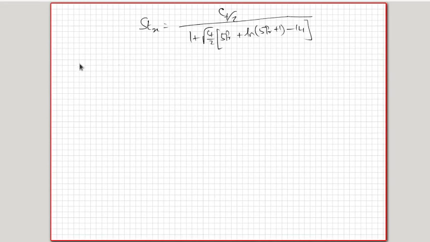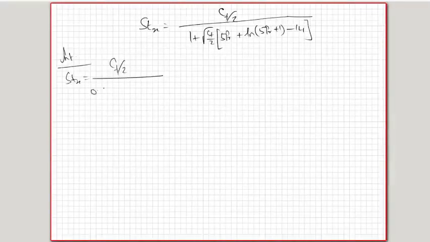Okay, again you can compare it with the earlier expression. Integral method, you got Stx is equal to Cf by 2 divided by 0.9 plus square root of Cf by 2 into 13.2 PR minus 10.25 is one expression that you had.